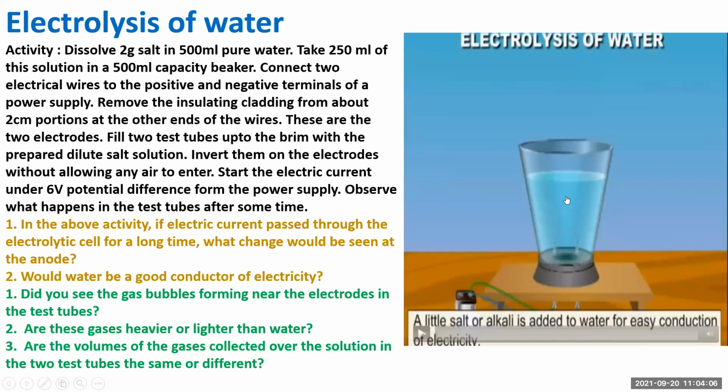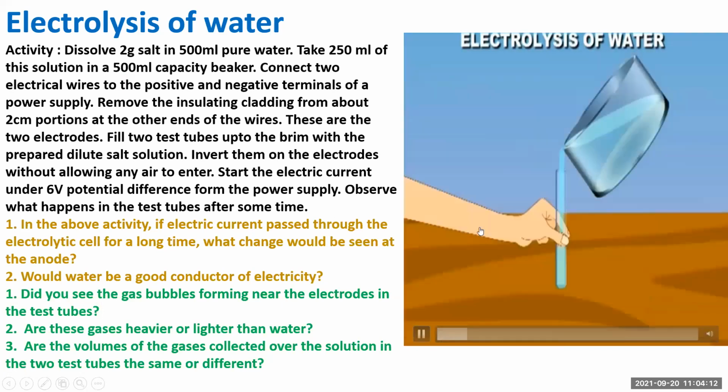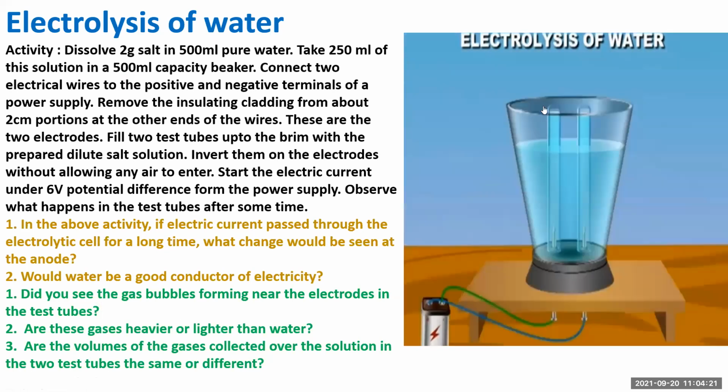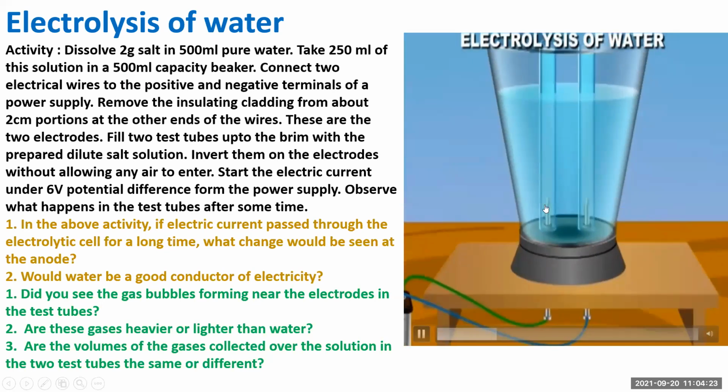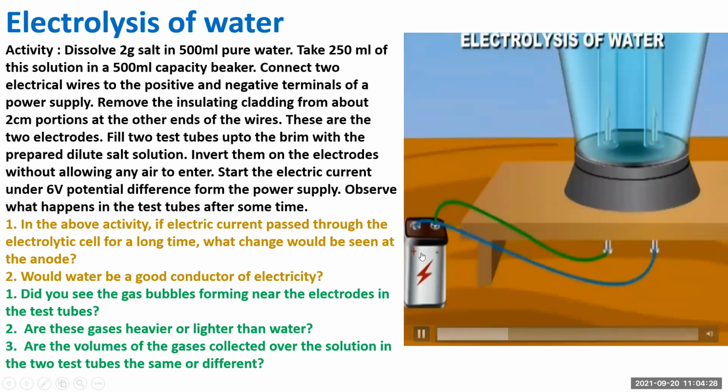Here is water and we are adding some salt in it. Then take this water into the beaker, then put two test tubes. The test tubes are put in such a way that they have electrodes at the bottom, which are connected to the positive and negative terminals of the battery.